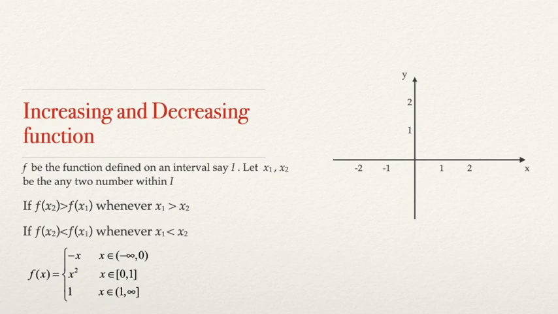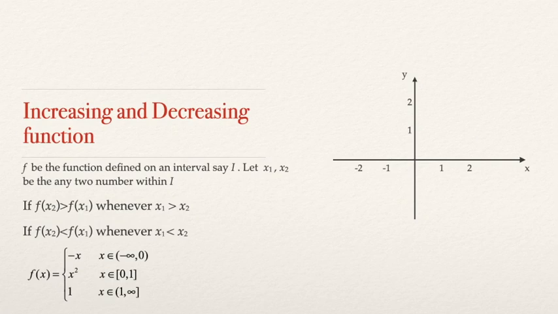It is important to realize that the definition of increasing and decreasing function must be satisfied for every pair of points x1 and x2 in interval I with x1 less than x2.